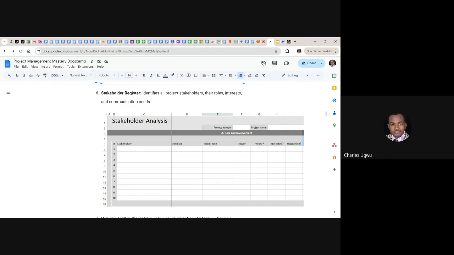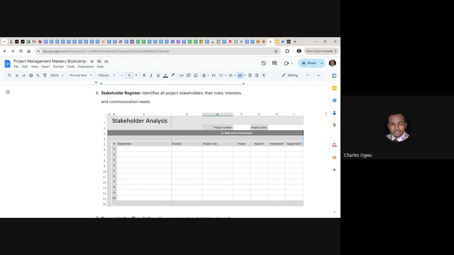So if you are the project manager, you need to understand everybody. Here, the position can be a CEO or a CFO or senior marketing manager, and the project role can be project manager or even business analyst. You must understand their position and their role and the level of power they have. I've already spoken about high power and low power.